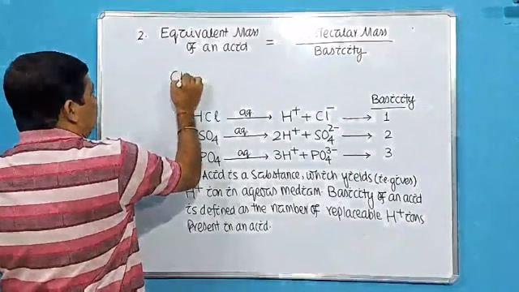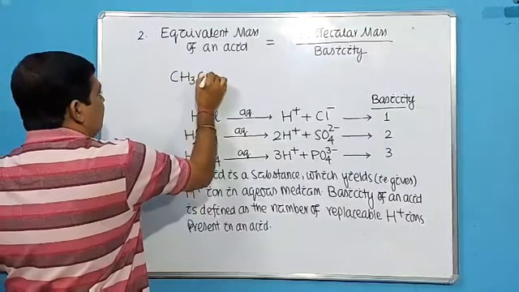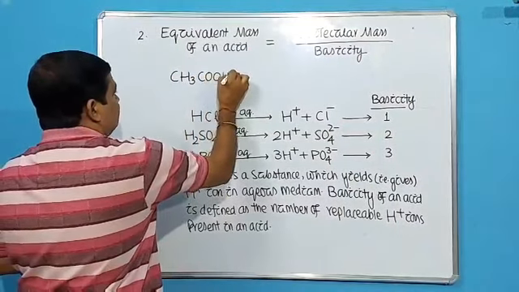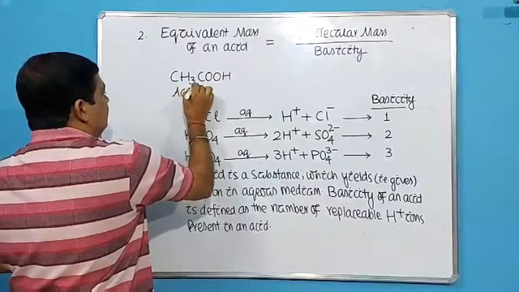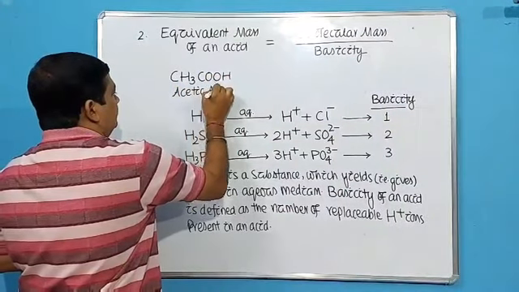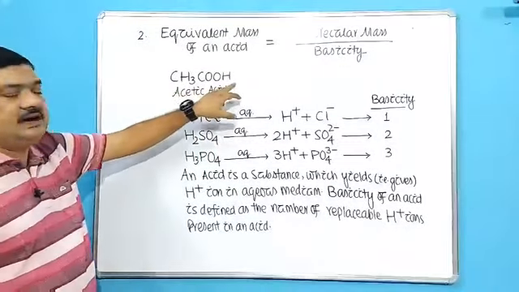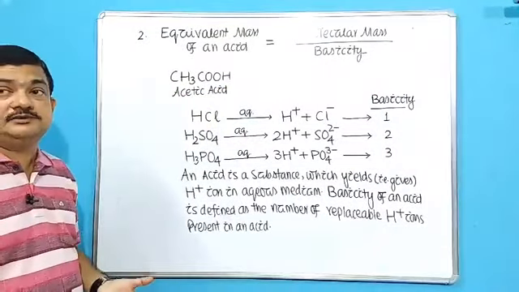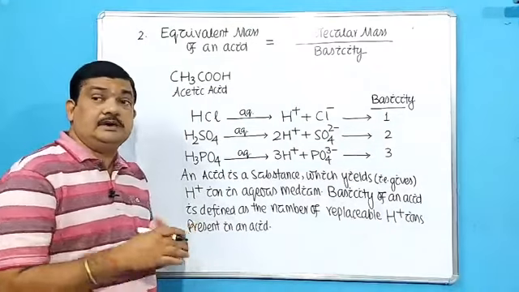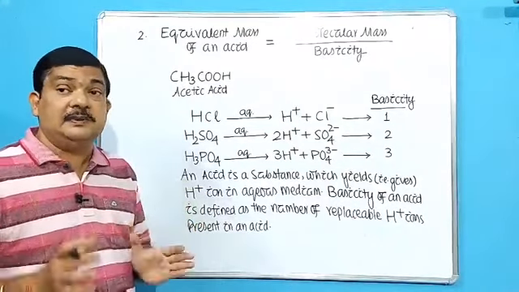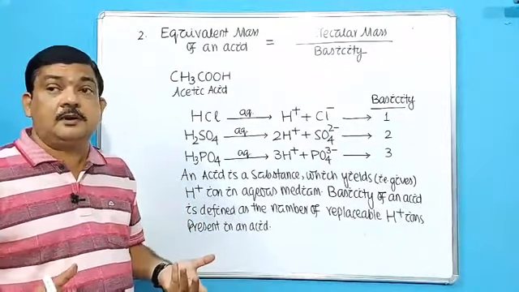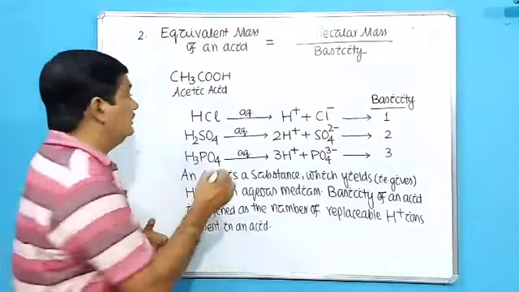For example, let us take the case of acetic acid. Acetic acid, CH3COOH. This is called acetic acid. Look, there are 4 hydrogen atoms here in acetic acid, but all of them are not replaceable. All of them are not furnished when it is added to water.